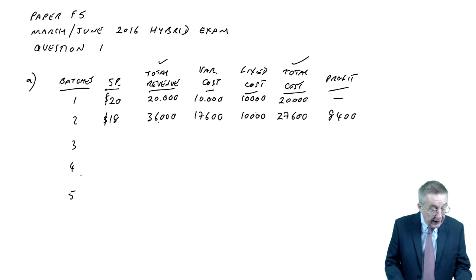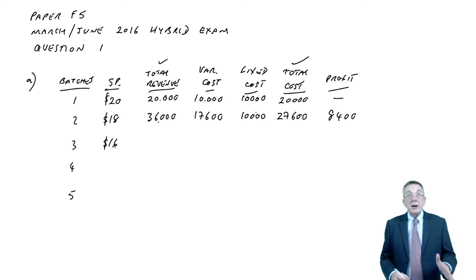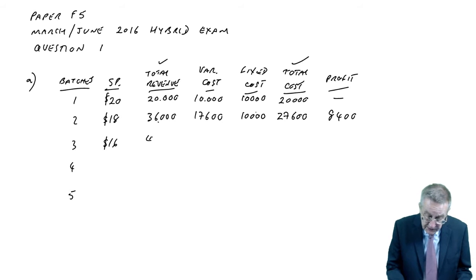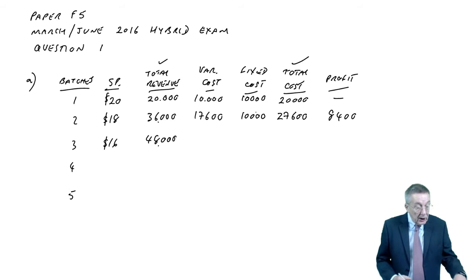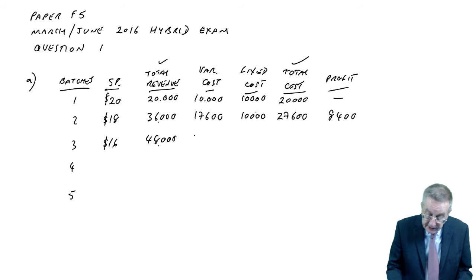3 batches, 3,000 units. The selling price would need to fall to 16. 3,000 units at 16 is 48,000. The variable cost, 3,000 units at 780 is 23,400.